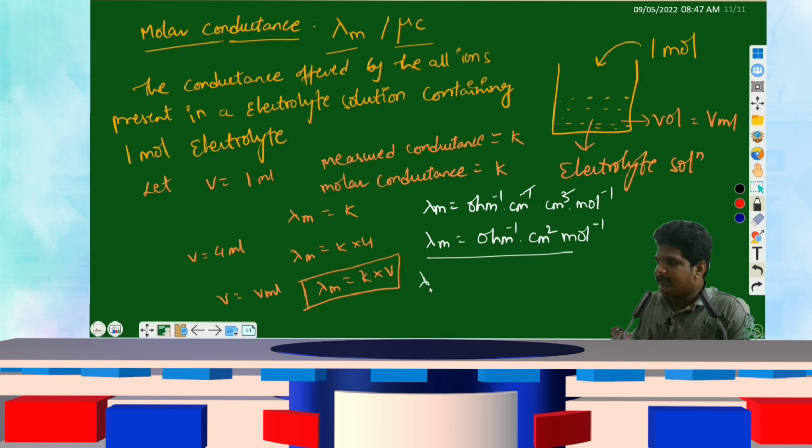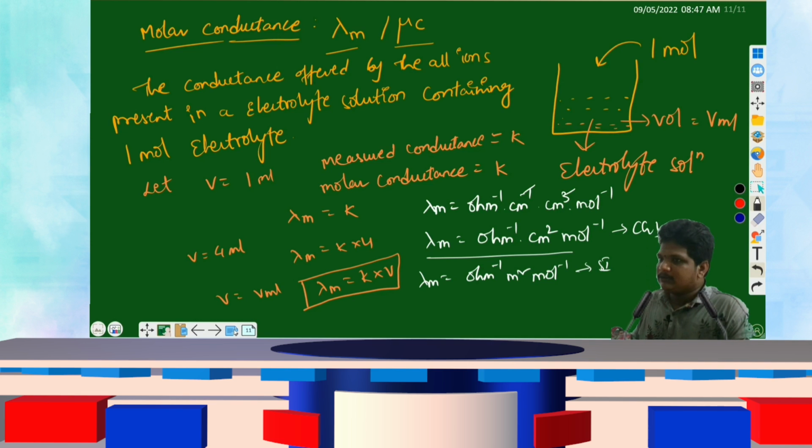Lambda m is equal to ohm inverse meter square mole inverse. This is CGS and this is SI metric. These are the units of molar conductance. Now let us see the relationship between molar conductance and the concentration.